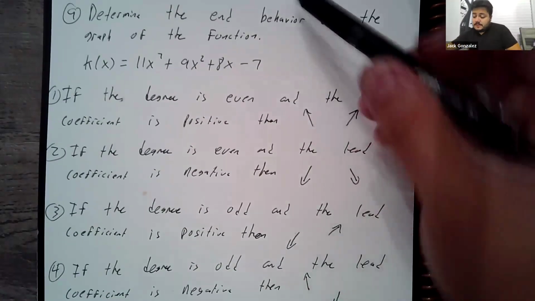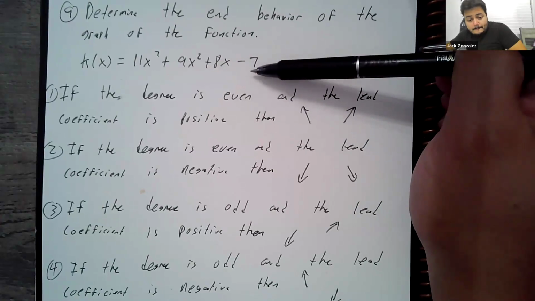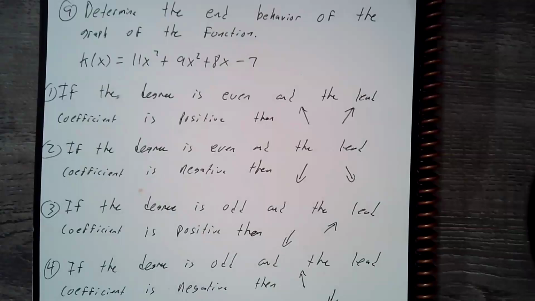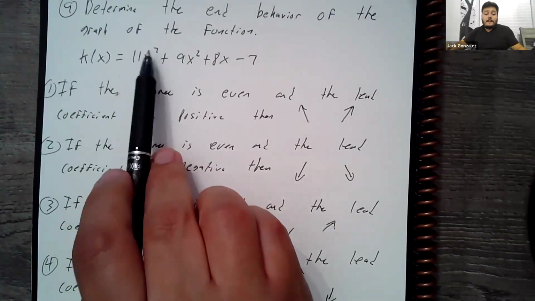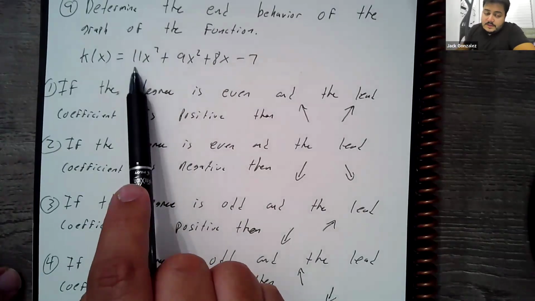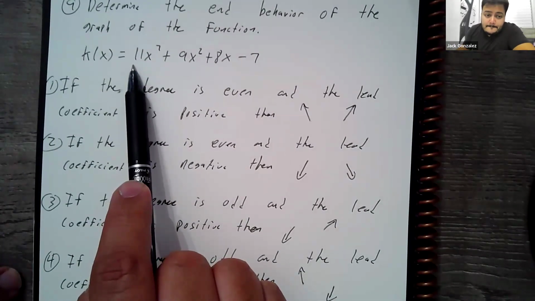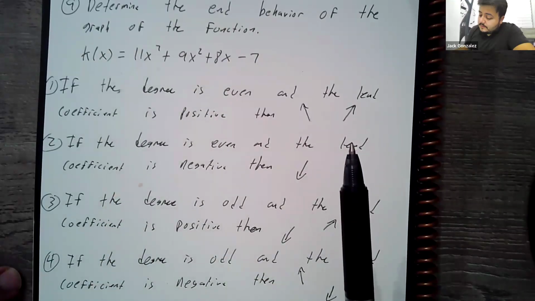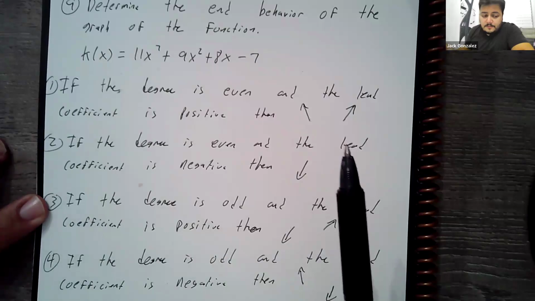So what is this one? Is the degree odd or even? Odd, right? Because the highest power is 7. Leading coefficient is 11, and it's positive, so it has to be number 3.